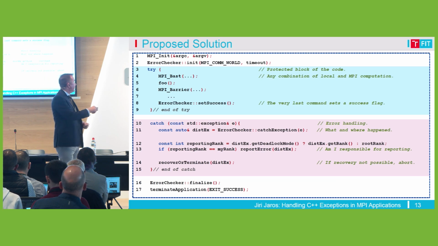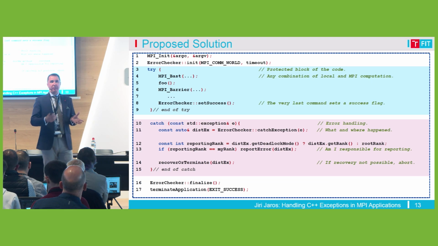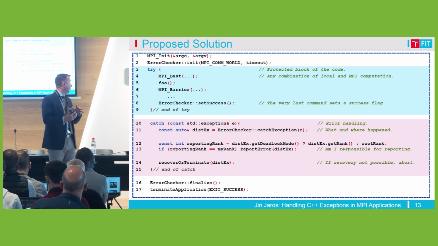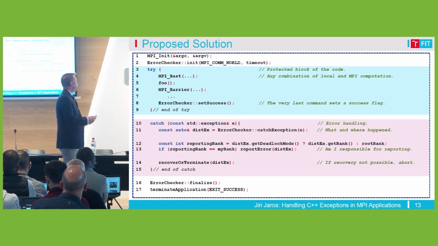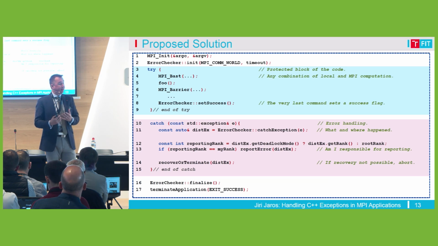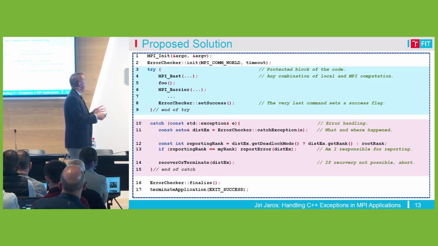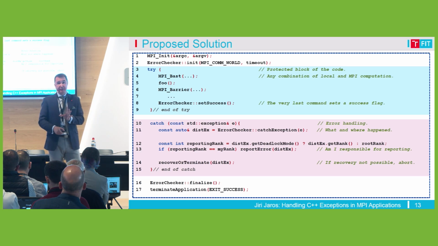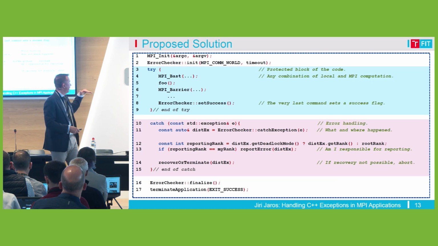Then you can enter this try block and write any combination of MPI, local calculations, third-party library calls, and so on. And then you've got a catch that solves all the problems inside the application. What I would like to mention is that the try block must be concluded with set success. This is really important because you need to know you successfully passed some stage of the calculation, at the end of the try block.